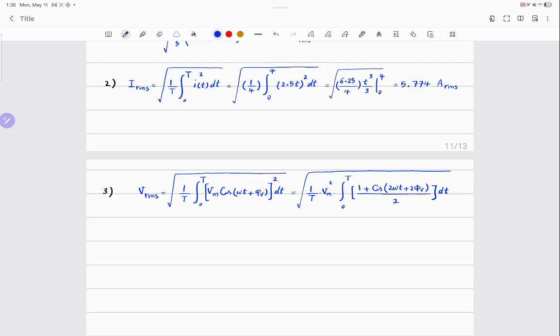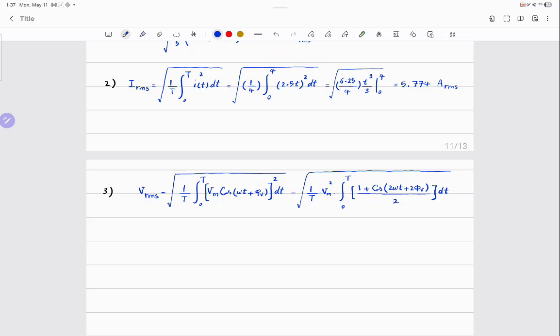Now, what is the integral of a cosine function over 1 period, 2 periods, 3 periods? Anyone remember? What is the integral of a cosine over 2 periods? 0. So if I break that integral into 2 integrals, one is 1/2, the cosine part will completely go to 0.